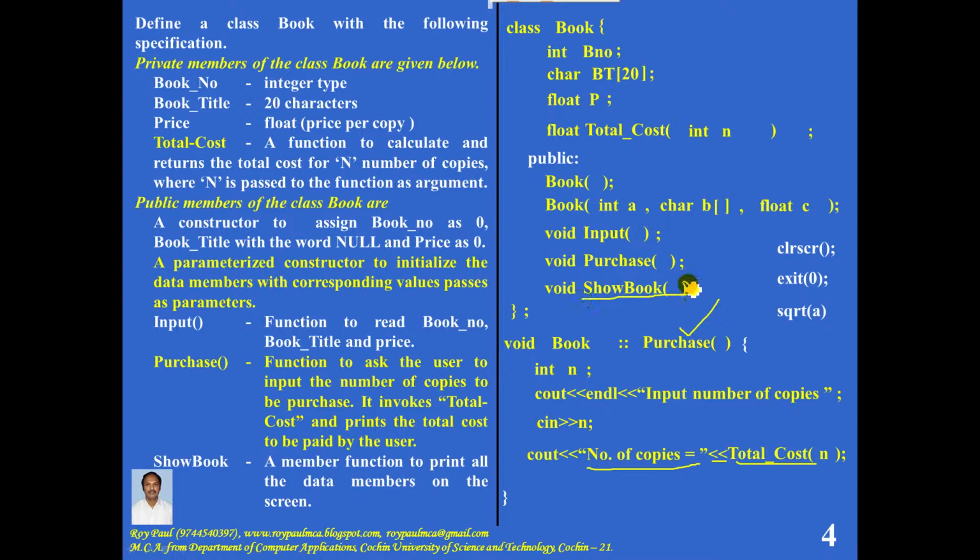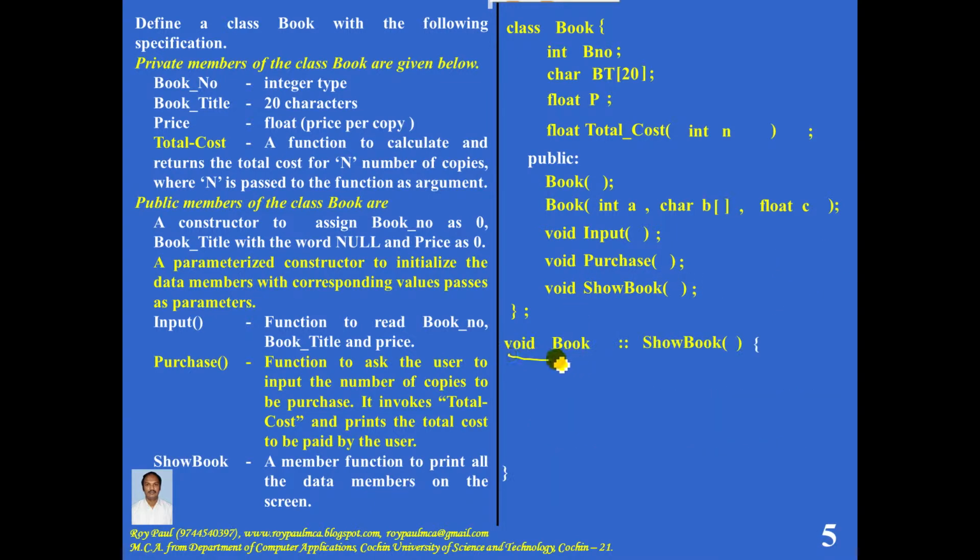Now the last one, show book. Return type, class name, scope resolution operator, function name, no signature, opening closing curly bracket. Now what should I do? Print all the data members on the screen. So these data members must be printed on the screen, that is displayed on the screen.